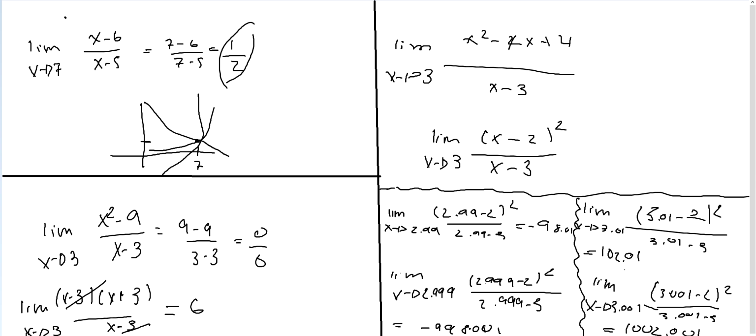So we can see that from that 0.001 difference, there is a large increase or a large decrease approaching either plus or minus infinity. So this means that the value as x approaches 3 for our function x squared minus 4x plus 4 over x minus 3 is going to approach some infinite value.